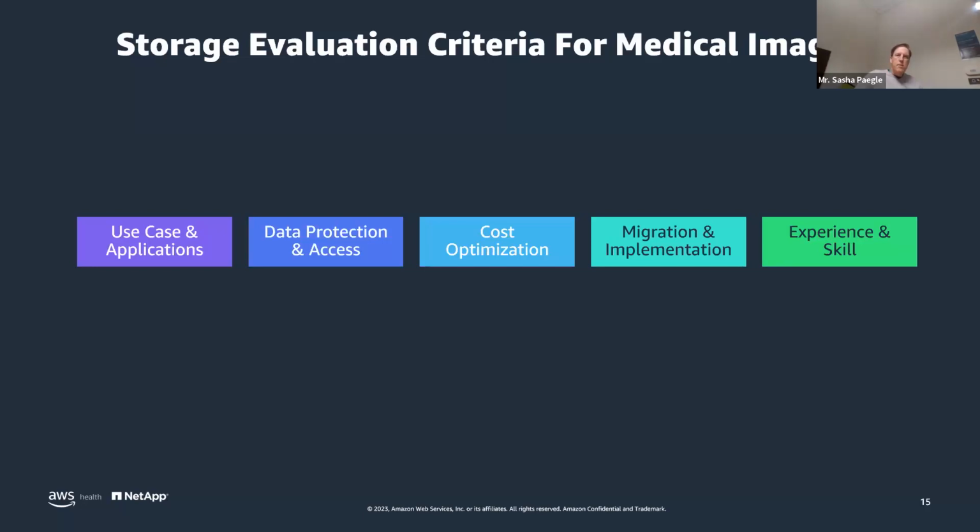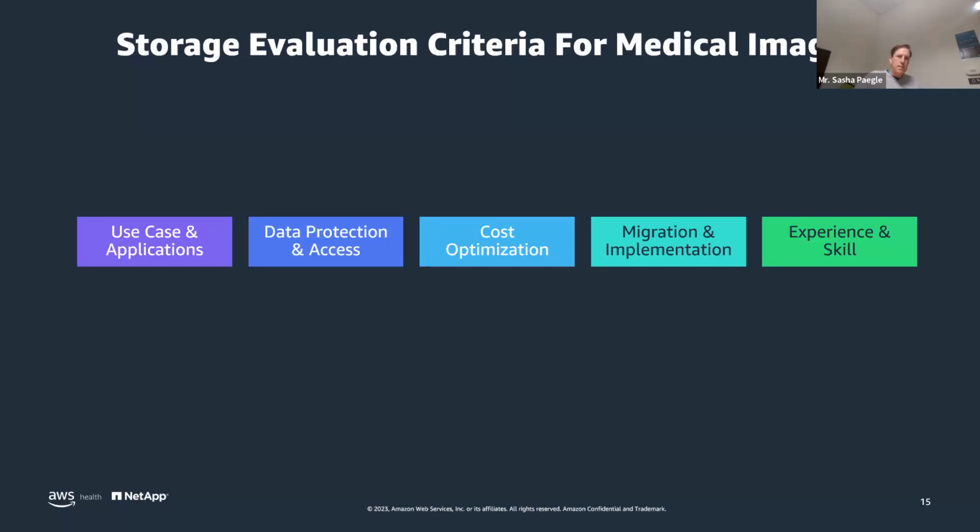So the key categories to think through are, one, what is the use case? What is the application? Is it a disaster recovery use case, or are you planning to have a production system in the cloud? Second is thinking through how the data is going to be accessed. Who's accessing it? How is that data protected?